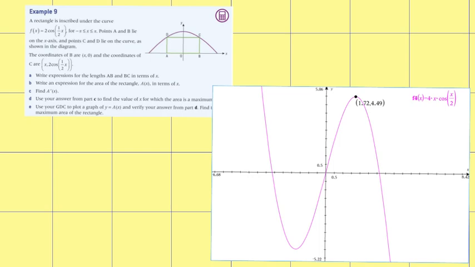That means that the largest possible rectangle that can be drawn under the curve of 2 cos half x has an area of 4.49 units squared.